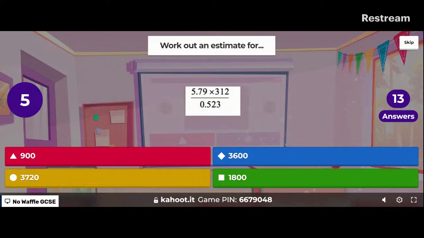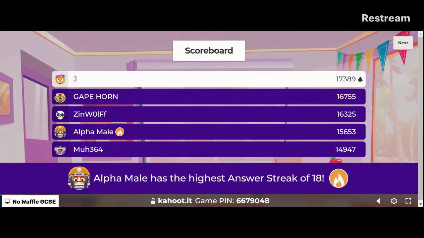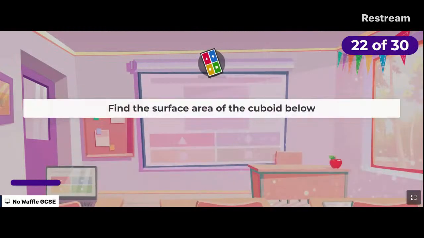So you can try and do it if you do foundation, but it's mostly centered around higher Edexcel. Alpha Male has the highest answer streak of 18.